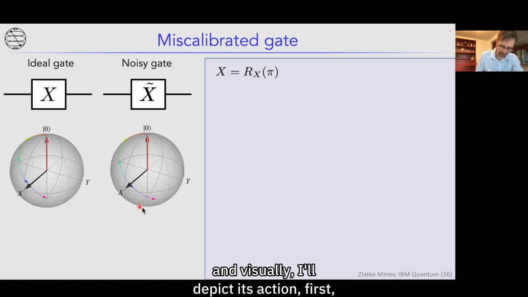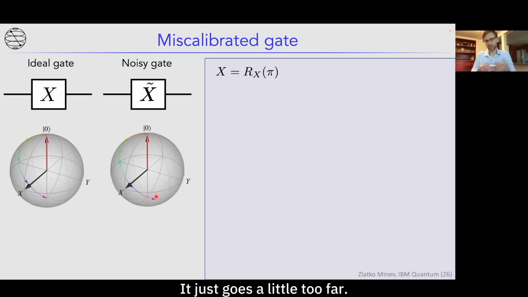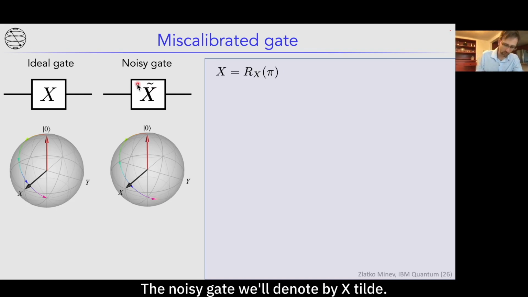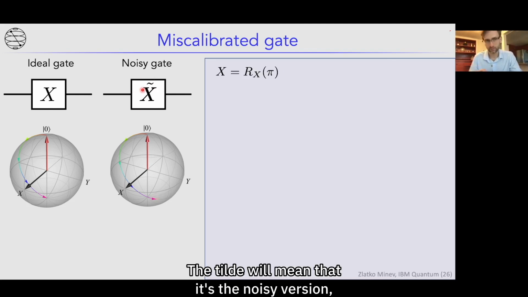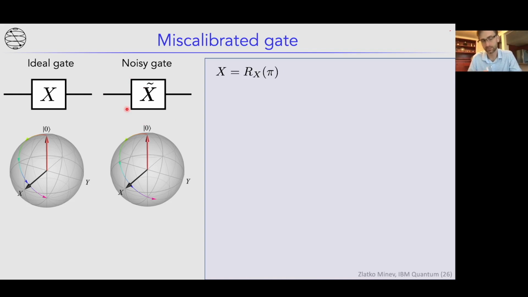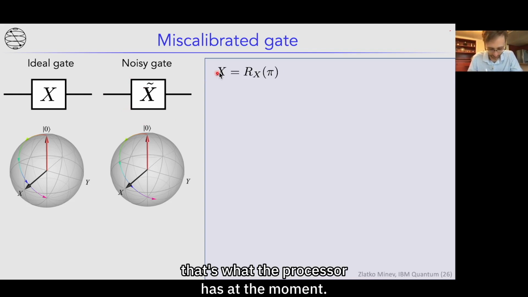And visually, I'll depict its action first as this over-rotation. If you can see down here, it just goes a little too far. Maybe we miscalibrated, maybe things drift. The noisy gate we'll denote by X tilde. The tilde will mean that it's the noisy version. And in our experiment, we only get to apply this noisy gate because that's what the processor has at the moment.